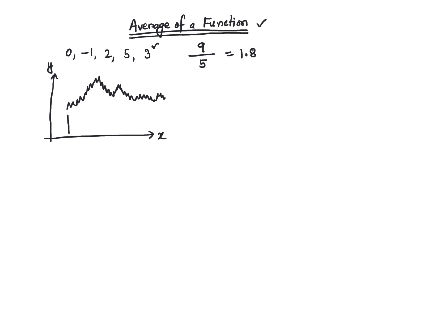Let's say you want to find the average stock price going from 0 to 10 minutes. You're going to divide this interval of 10 minutes into 1, 2, 3, and all the way up to 10. So what do you do? You find the price of the stock at 1 minute, 2 minutes, 3 minutes. You get 10 numbers, and you add them and divide by 10. That's how you'd get it.